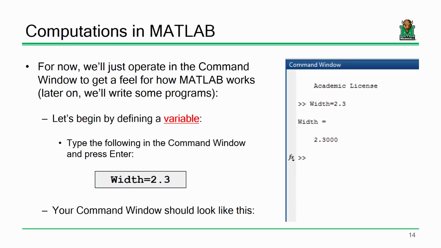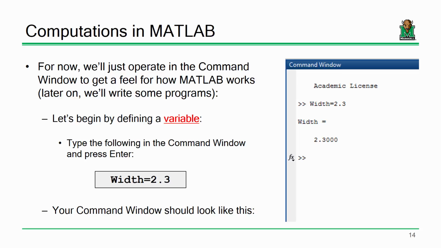Okay, so I already kind of hinted at the fact that it's not just numbers and calculations that it's doing, but it's assigning a named variable to a number. And so you can define a variable that you'd use later on, just like how you could name a cell in Excel. If you had the width of something in cell D5, you could just name cell D5 and call that width.